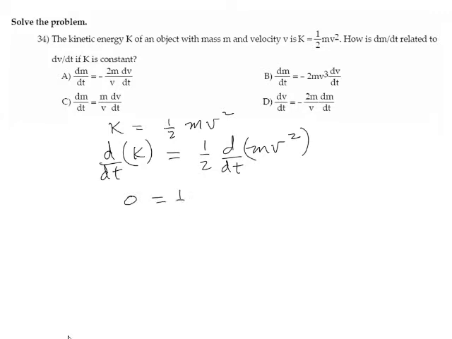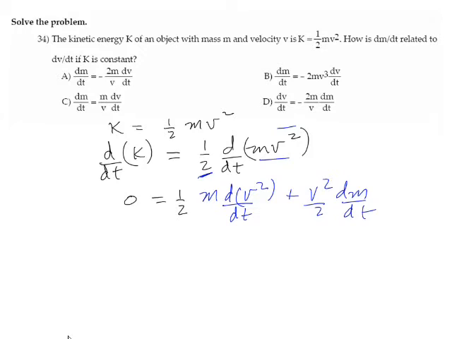It's equal to 1/2, and now we're going to have to use the product rule. It's going to be m times d(v squared)/dt plus v squared over 2, notice I still have my 1/2 here, times dm/dt. That was a product rule.